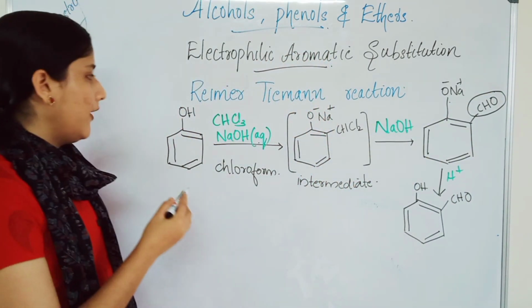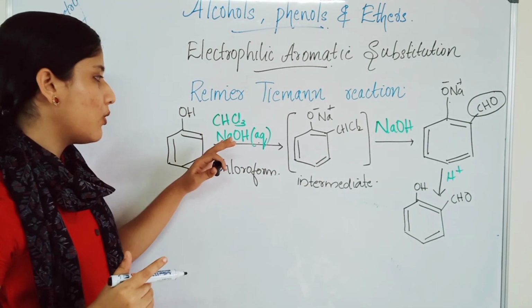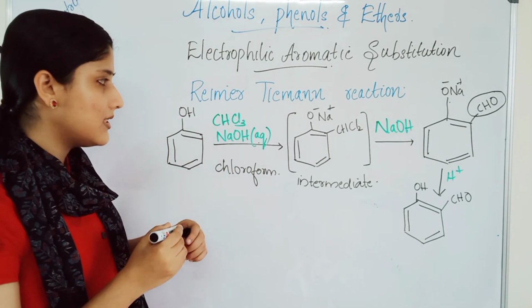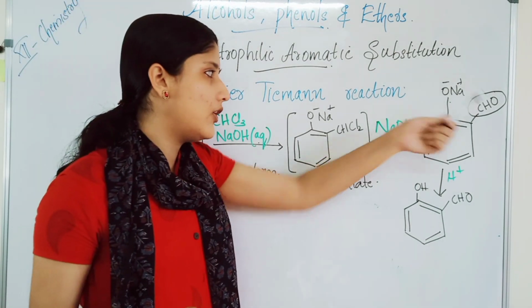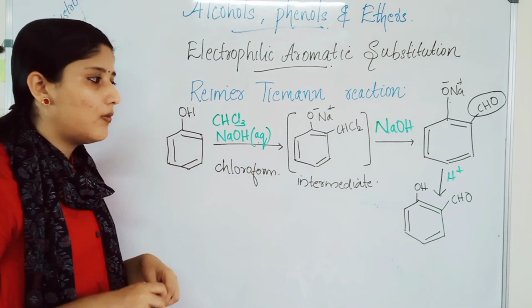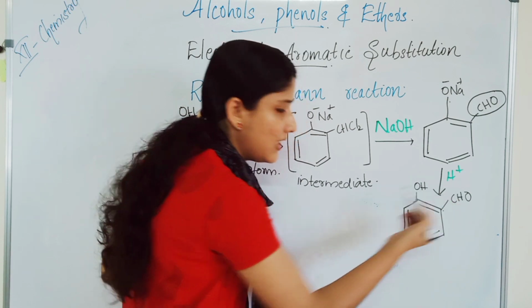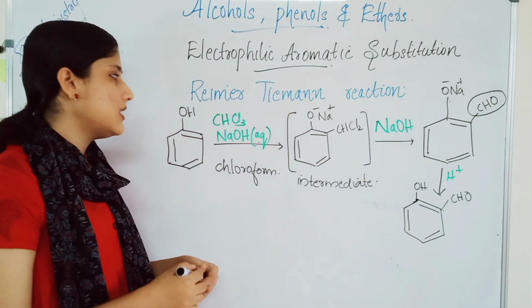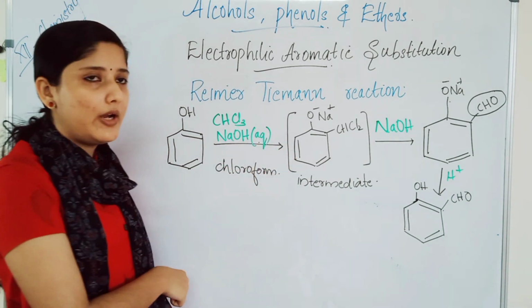When phenol reacts with chloroform and excess of sodium hydroxide, what happens? At the ortho position, a CHO group will be introduced, and on acidifying it with H plus, we will get CHO on the ortho position of the phenol. First, phenol will react with chloroform and aqueous sodium hydroxide.